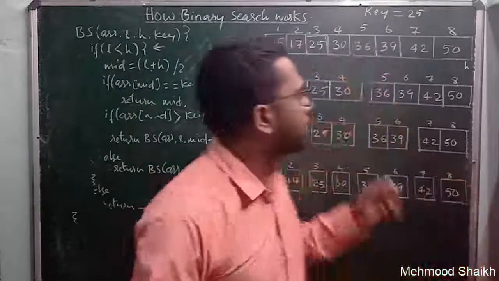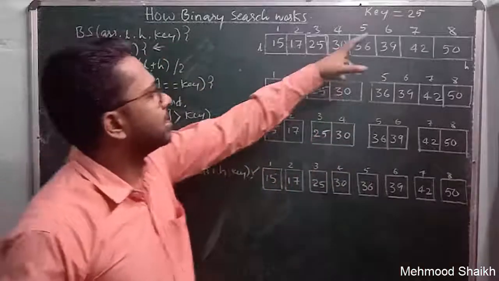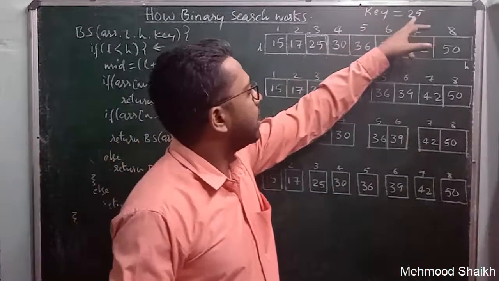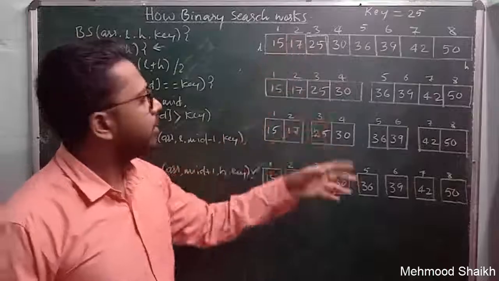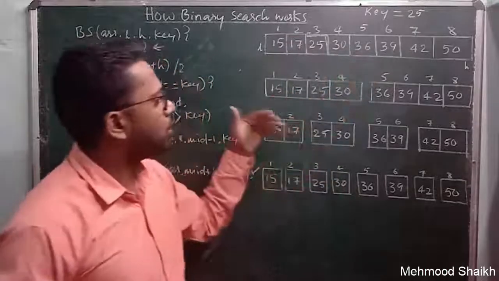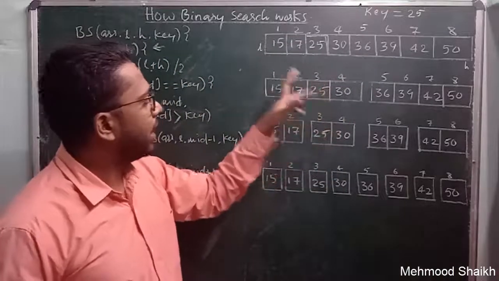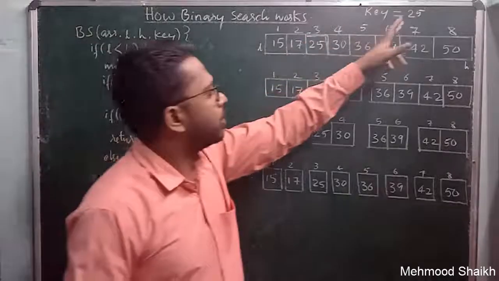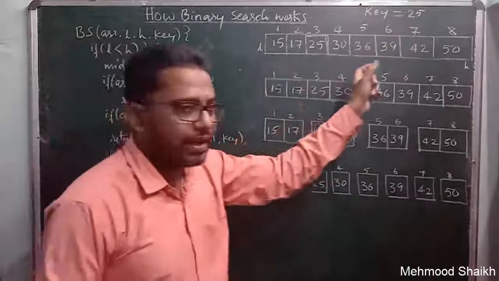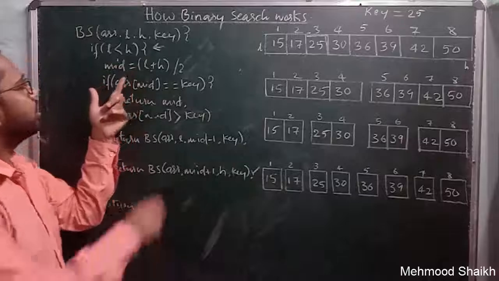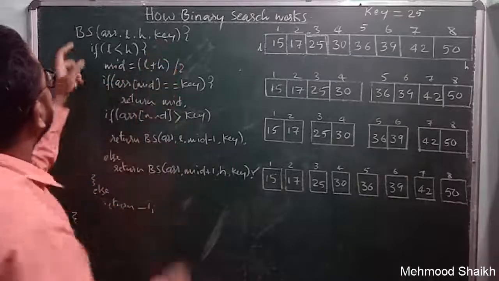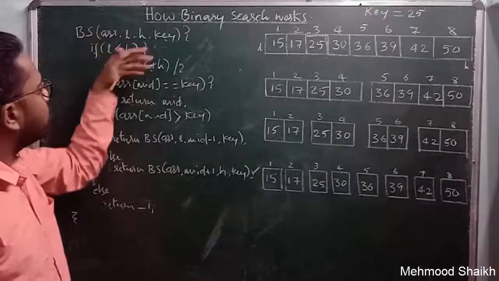So now let us start finding this key element 25 with this problem. Here you can see I have taken a problem of size n, and for searching the key element 25 in this array, I have written an algorithm here. Let us see the algorithm step by step.